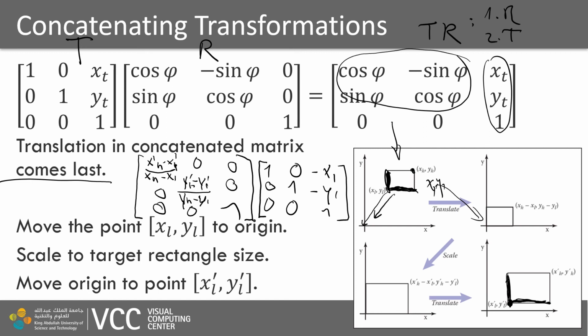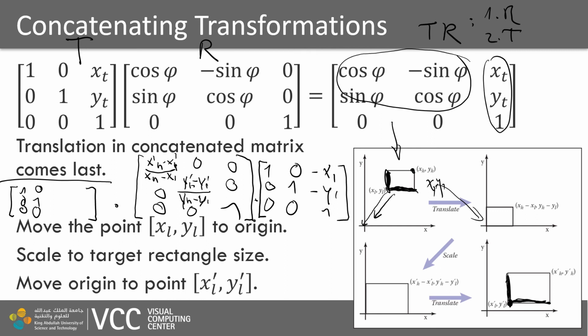So we need to perform the final translation as well. I make it very small here, but here we see that the final transformation matrix will be a product of these three matrices. So here I will be putting the translation, which will be again 1 0 0 1 0 0.